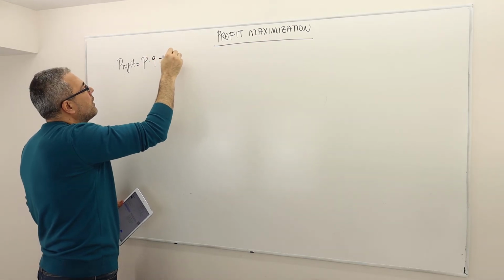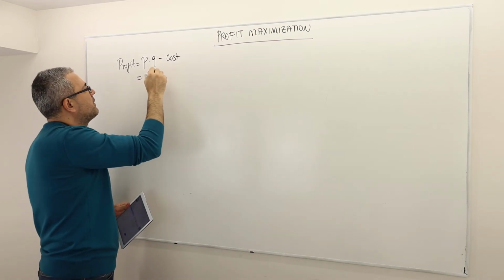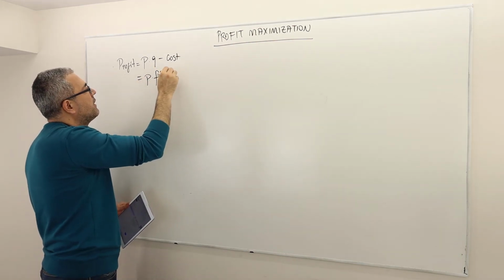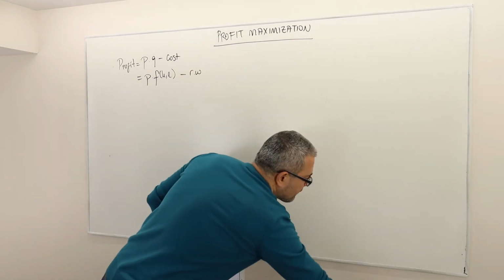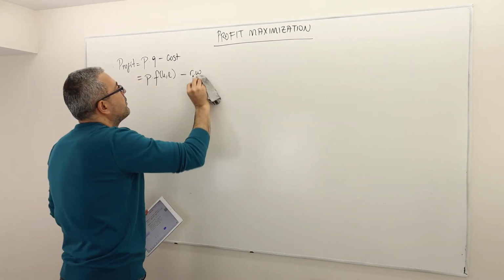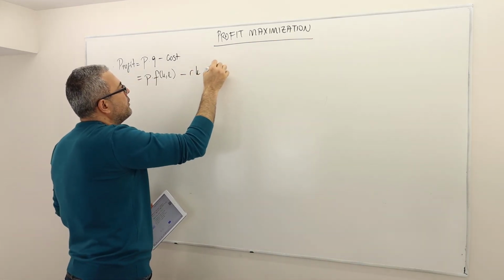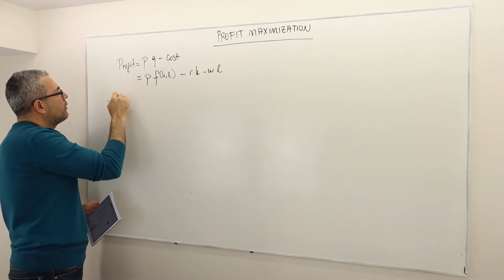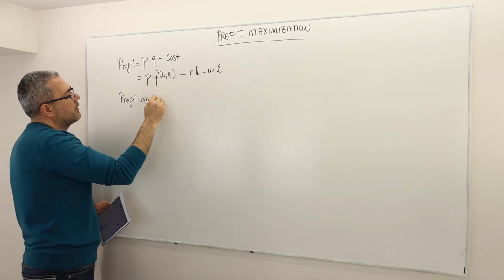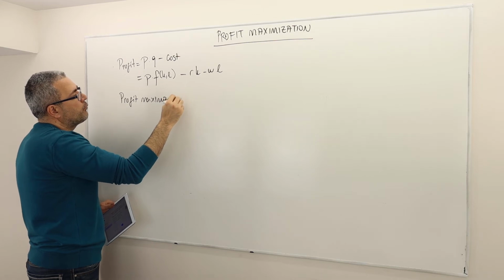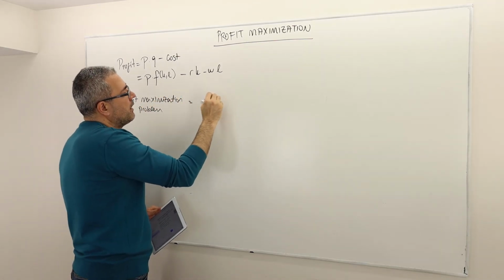cost, but it's equal to P times, remember Q is nothing but the production function, f of K, L, minus cost, which is RK plus WL. So therefore, the profit maximization problem is basically the following.